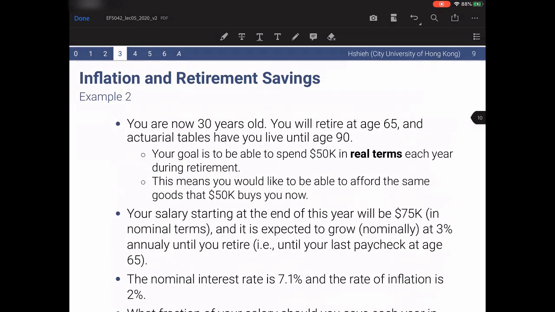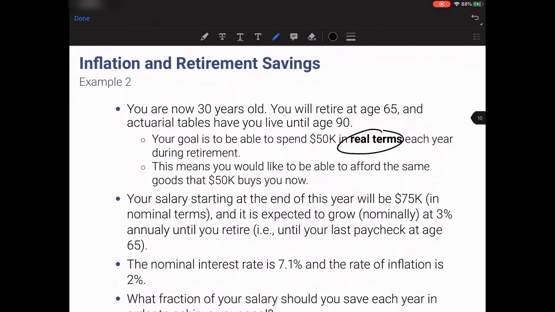Let me emphasize that when we think about real terms, we're actually just thinking about purchasing power in today's dollars.